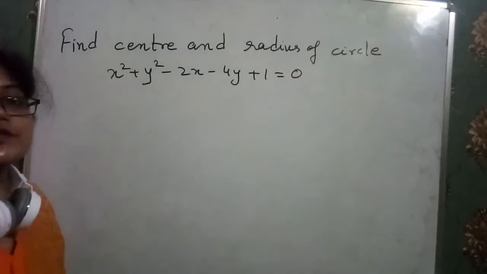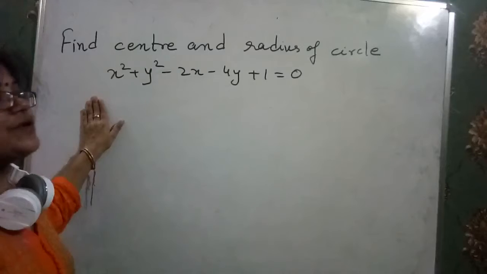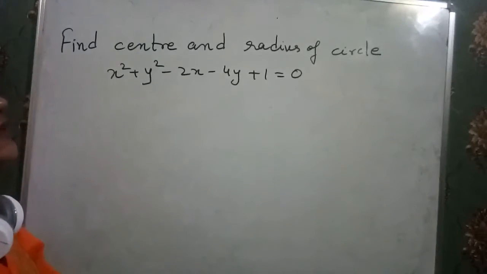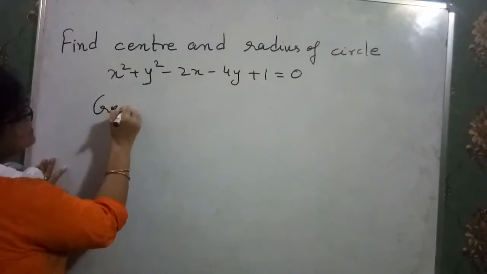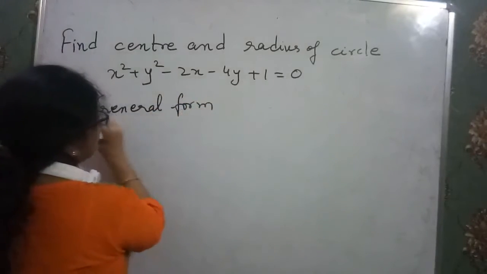The equations which you studied so far are the simplest form of the equation of a circle. Now this is another form of the equation of a circle. It is given here and you have to find the center and radius of the circle. Now I am going to explain the general form of the equation of a circle.